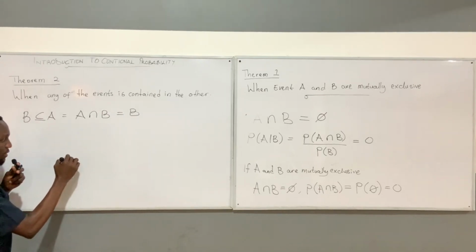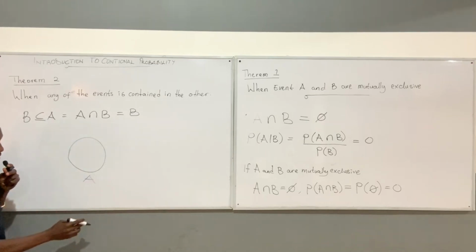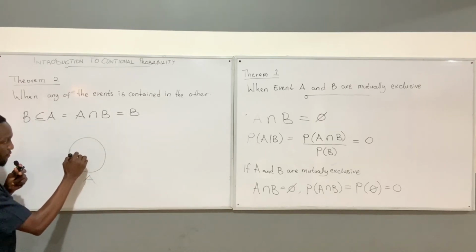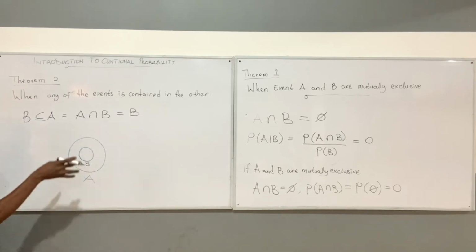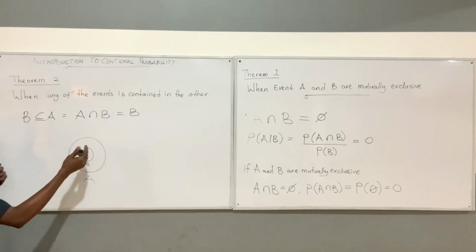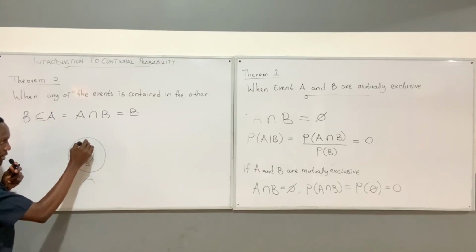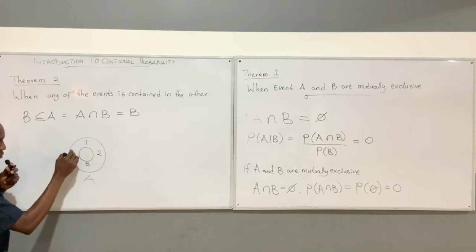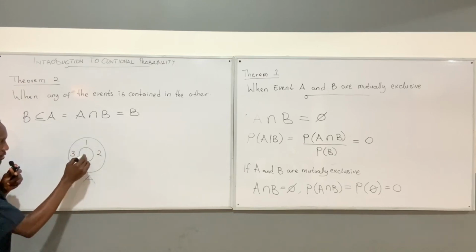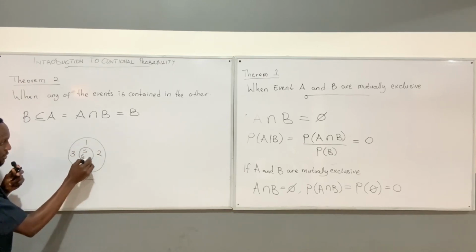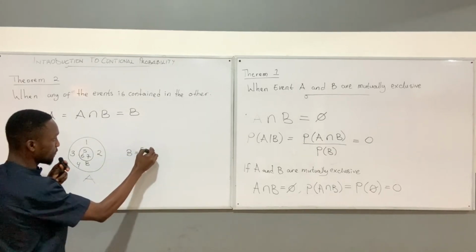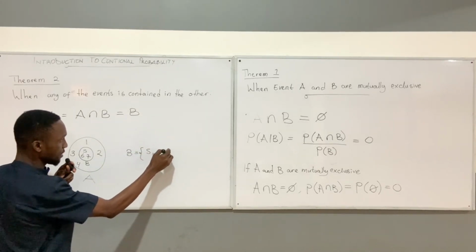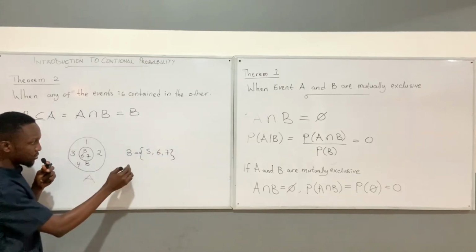What if I have the event A like this with its members, and let's say we have event B here with its members found in event A. Let's assume that we have 1, 2, 3, 4, 5, 6, and 7. We could see that the members of B are 5, 6, and 7. Now, what are the members of A?